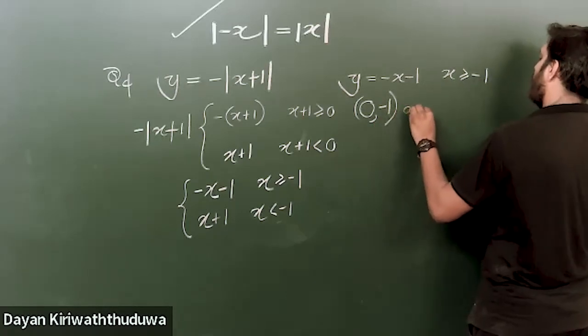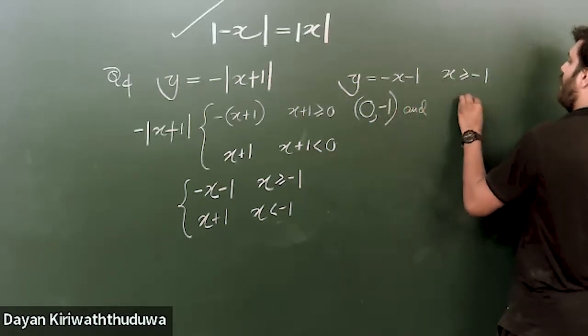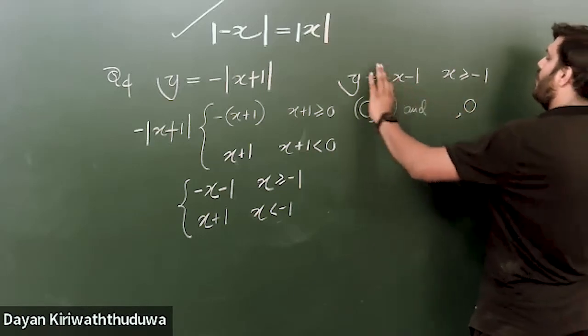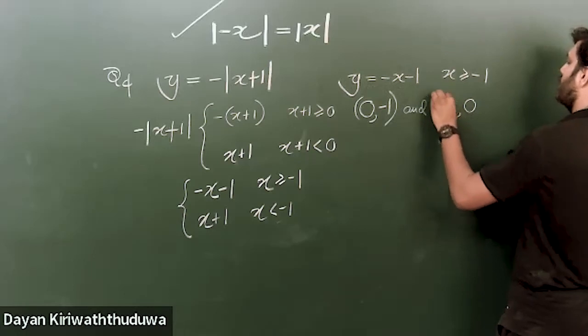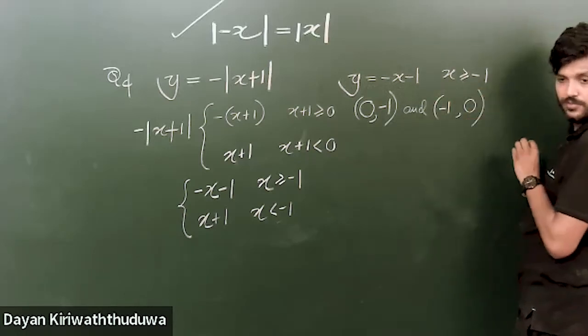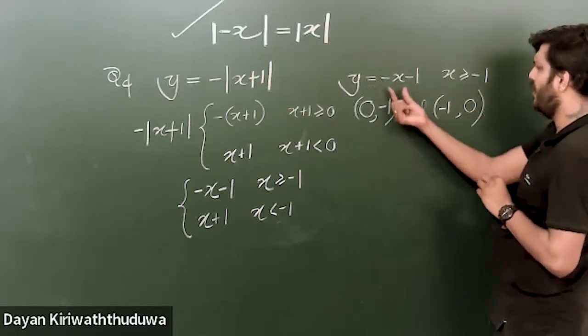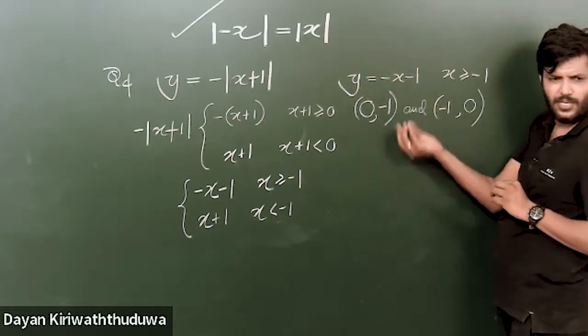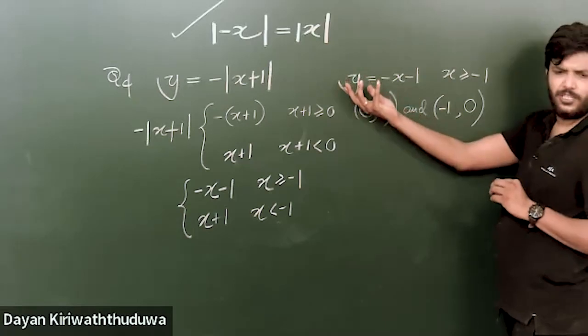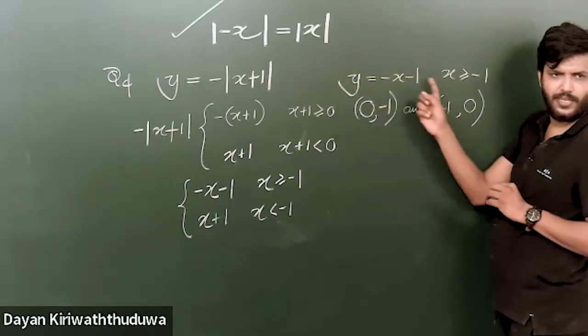And when the y value is 0, minus x becomes plus 1, so x is minus 1. Correct?